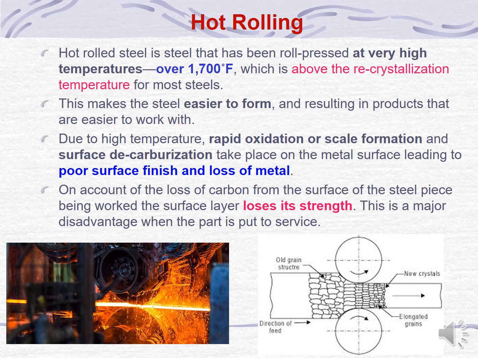How about the hot rolling? Hot rolling is performed at very high temperatures, above 1700 degrees C for steel, which is above the recrystallization temperature for most steels, because during the rolling process, the recrystallization process occurs.